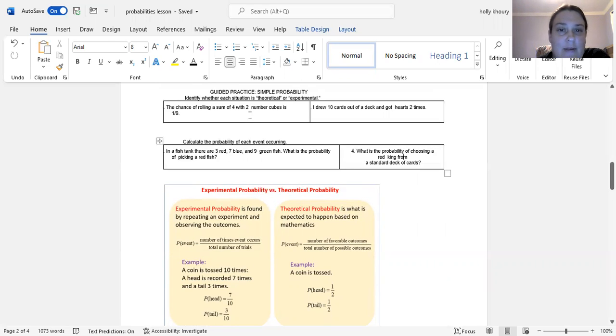I think that this sounds like theoretical. And in contrast, I drew 10 cards out of a deck and got hearts 2 times. Sounds to me more like experimental. It is, which is found by repeating an experiment and observing an outcome.